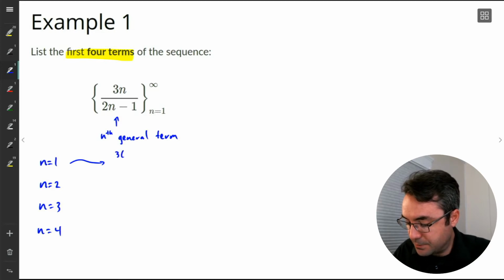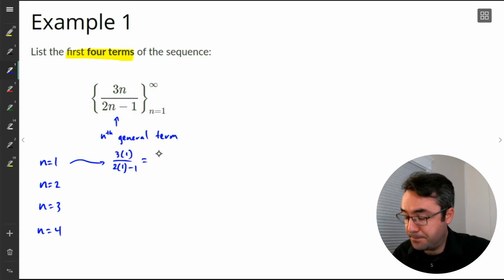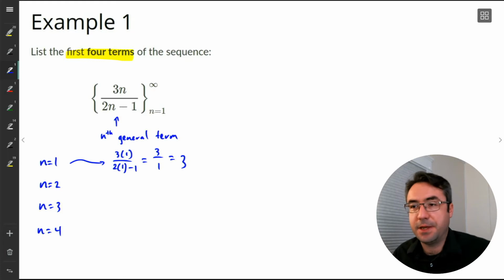We get 3 times 1 over 2 times 1 minus 1. And if we clean that up, we get 3 on the top, and we get 2 minus 1, so 1 on the bottom. And then just simplifying, we get 3. So really, we're just evaluating a function a few times here. All right, let's do it again.